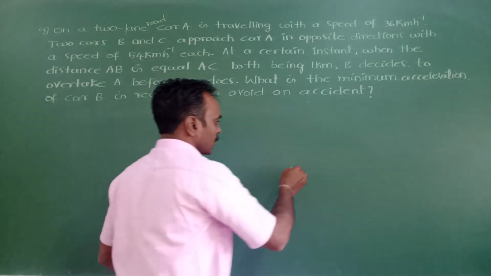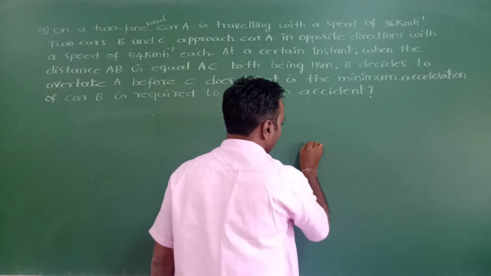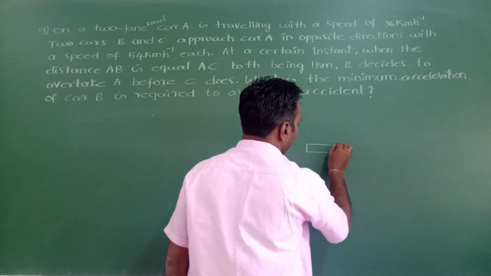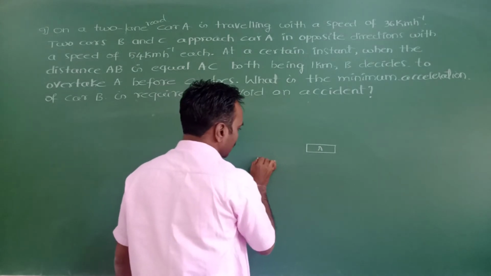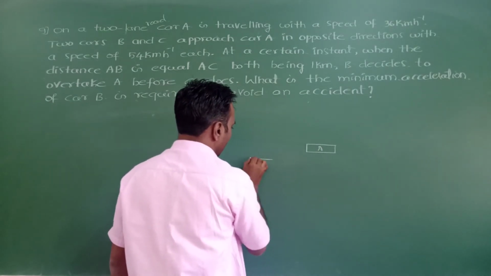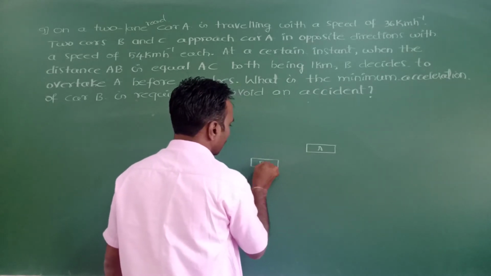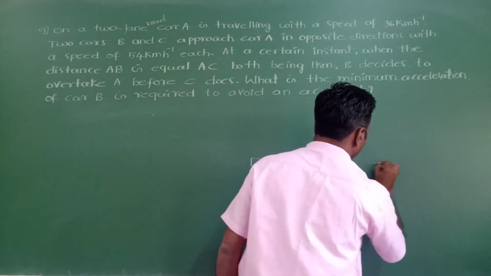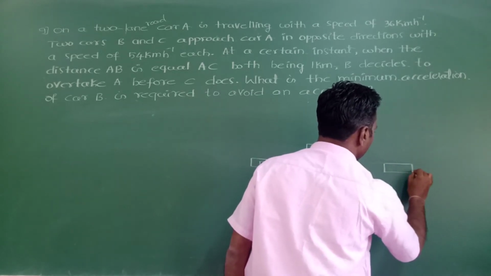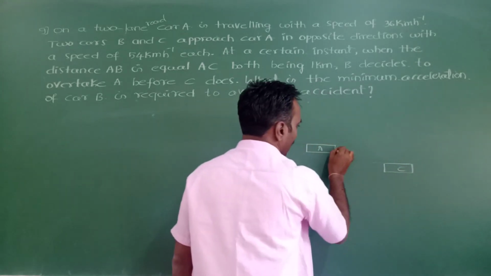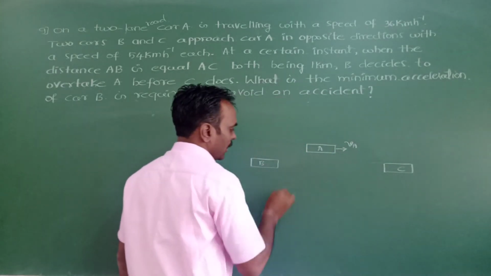It means there is a two-lane road. Here we have a car A, and next one, a car B, and next one, car C. Car A is moving with a velocity VA in this direction.